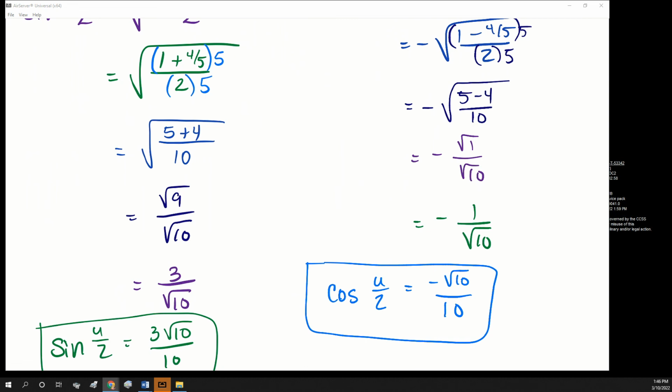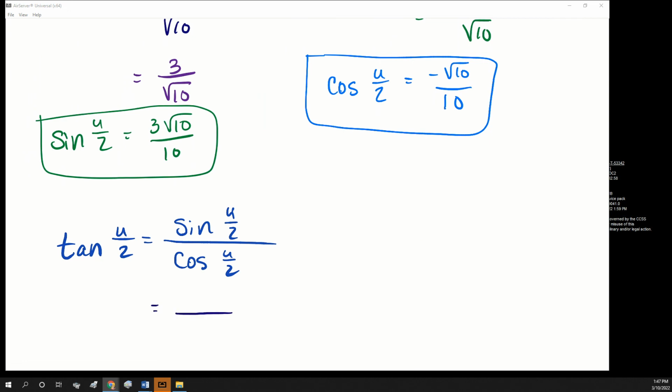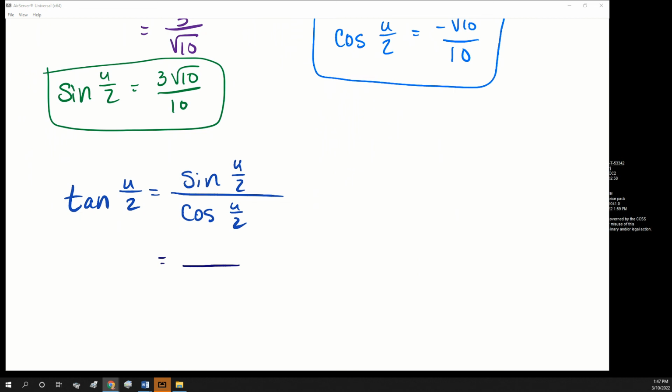Right? And then because we found the sine of half u and cosine of half u, we can use the quotient identity to find the tangent of half of u, or we could use the formula. It's completely up to you. I think it's a little easier just to use the quotient formula. Okay, so in the place of sine of half of u, I'm going to do 3 square root of 10 over 10.